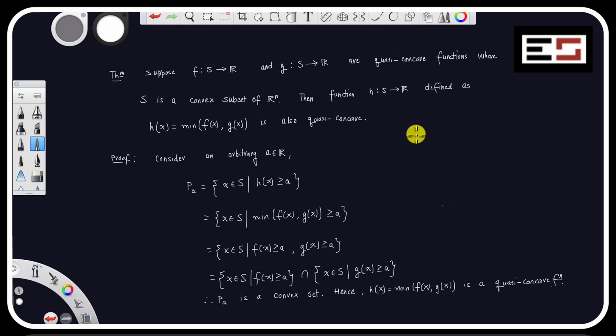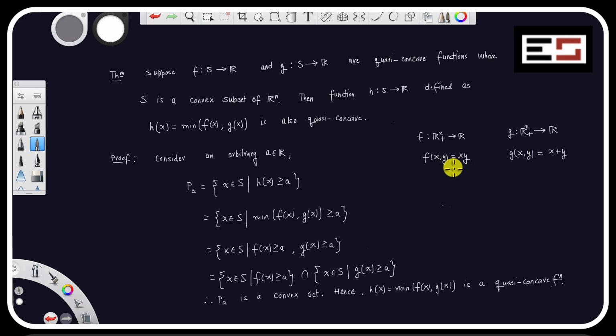For example, if f is a function from R^2_+ to R defined as f(x,y) = x times y, and g is a function from R^2_+ to R defined as g(x,y) = x + y.